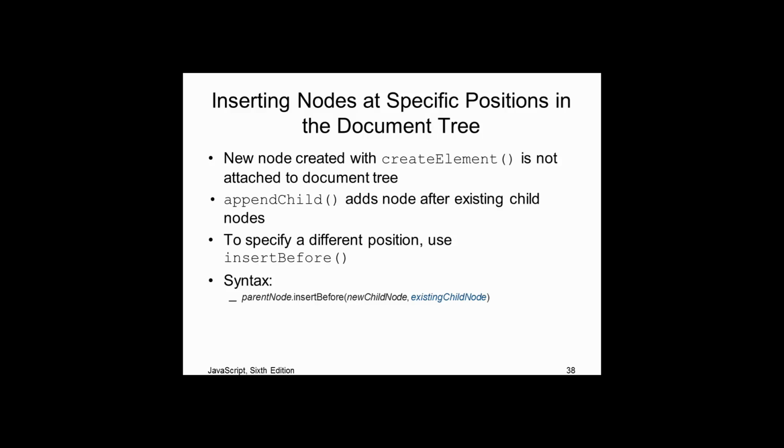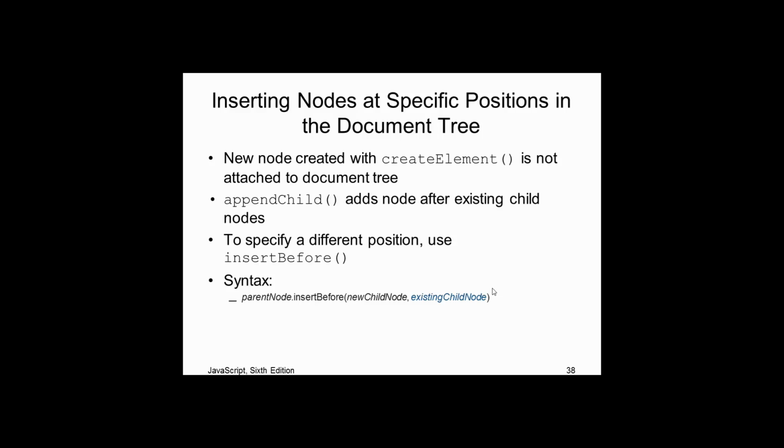And this is a little bit more complex of a method because if you look at the syntax, first you target the parent, similar to what we did before. Then you say insertBefore, that's your method.